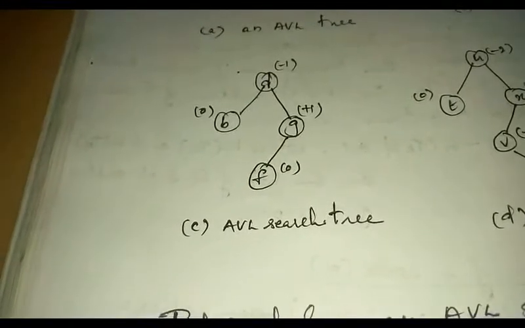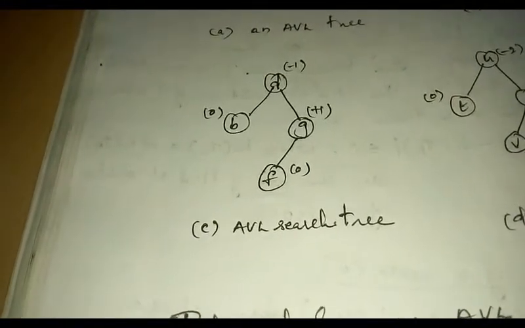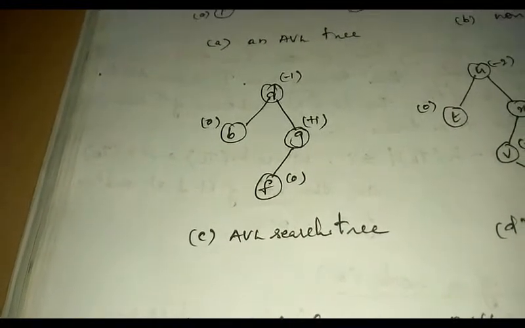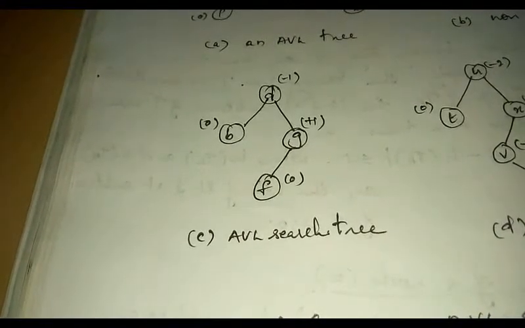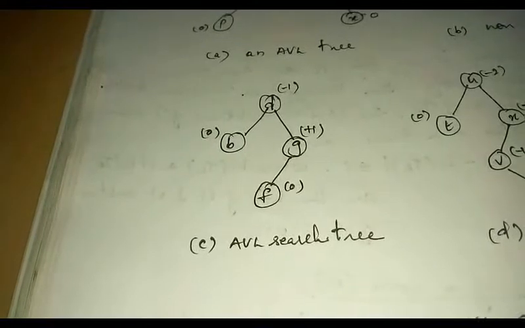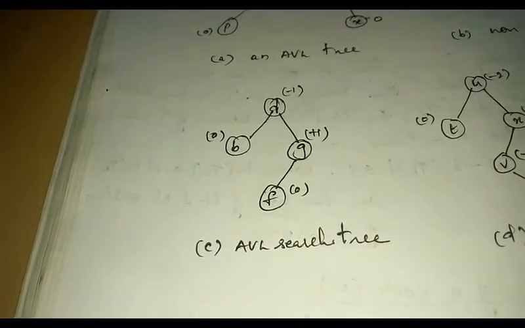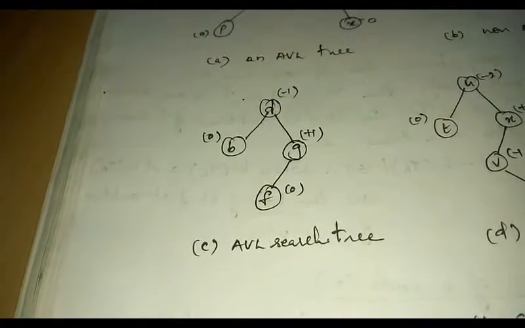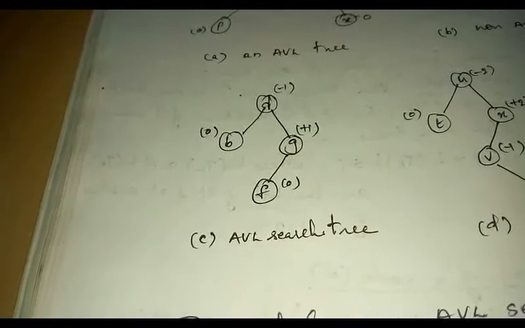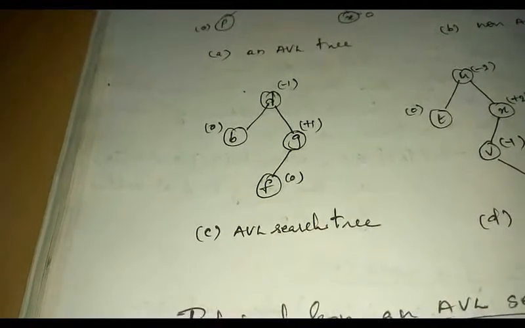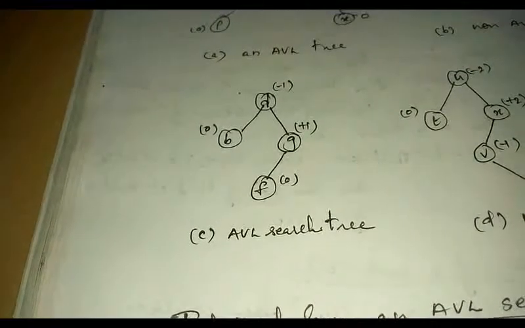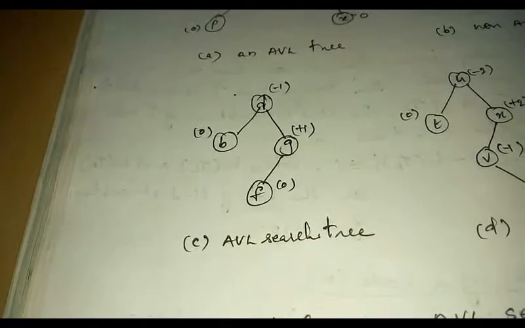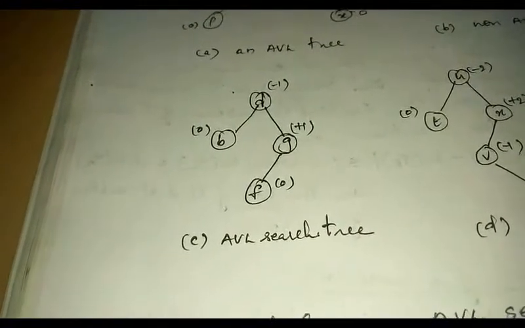The nodes to the right of D are characters that come after D in alphabetical order. That is, it follows the concept of a binary search tree, where the nodes to the left of a parent node should have a value less than the parent node, and the nodes to the right should have a value greater than the parent node. That is followed by the nodes in figure C. That means this AVL tree can be called an AVL search tree.